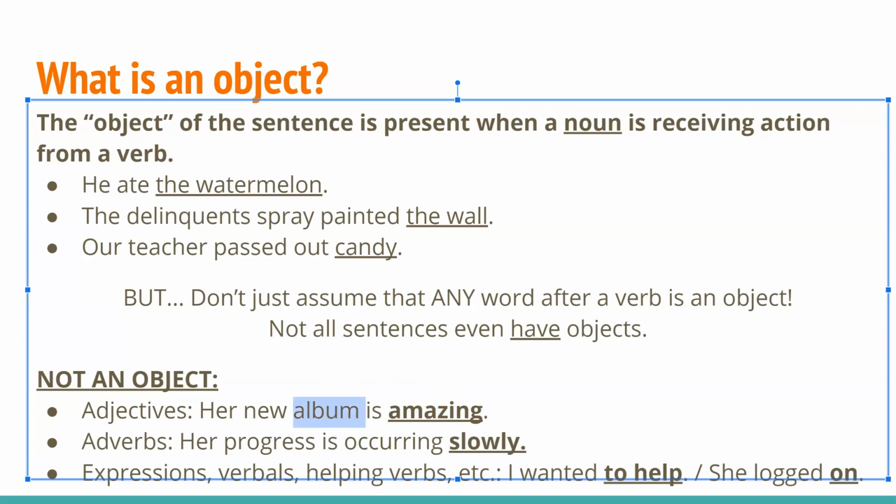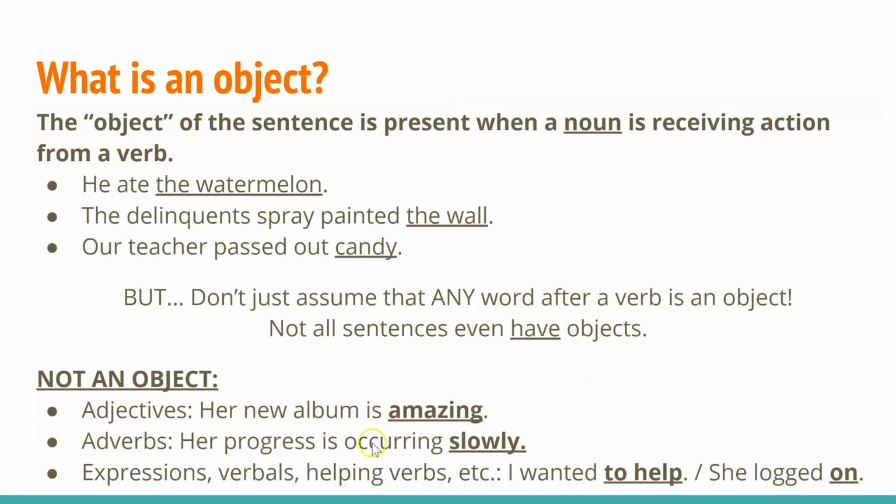That's not an object. Her progress is occurring slowly. Occurring how? Slowly, adverb. That's not an object either. And other types of non-nouns, like verbals, or the infinitive to help, or a preposition like logged on, non-nouns are not objects. Cool.